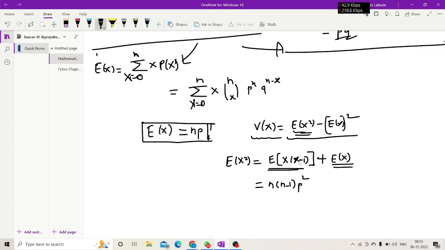And expectation of x you already know, np. So this will be plus np. That will be my expectation of x square here. Just try to remember this quantity: the expression of x into x minus 1 is n into n minus 1 into p square, plus np.